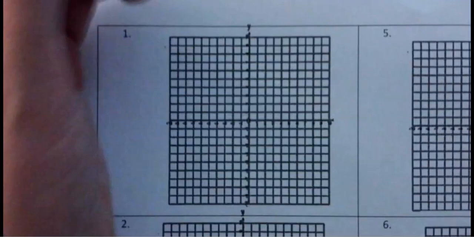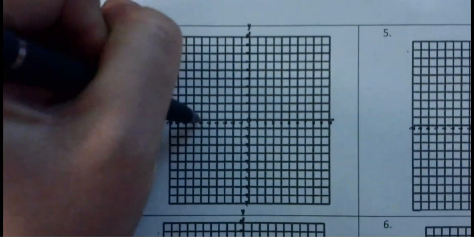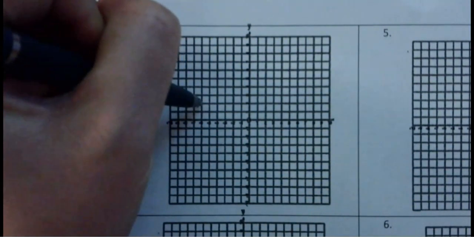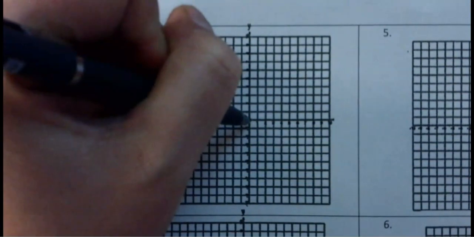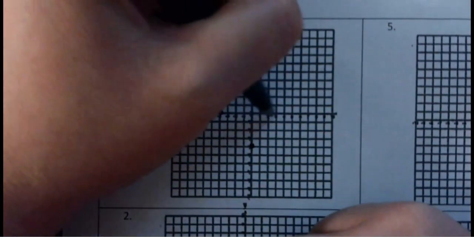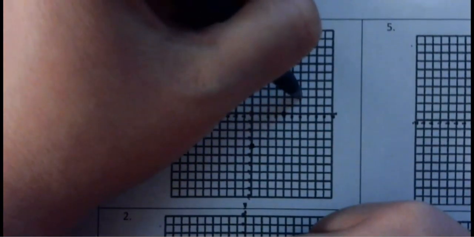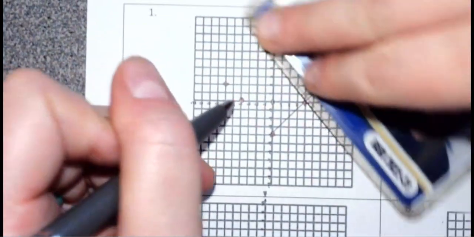Alright, so negative 6, 1, 2, 3, 4, 5, 6, and 2. Negative 4, 0. 0 is negative 4, and then 4 is 0, 6 is 2, and then I am going to take my ID and use it to draw these lines.